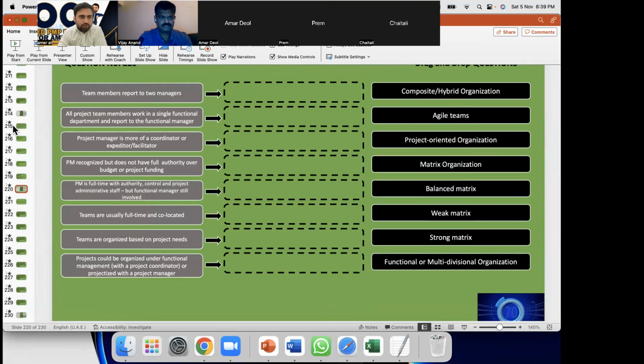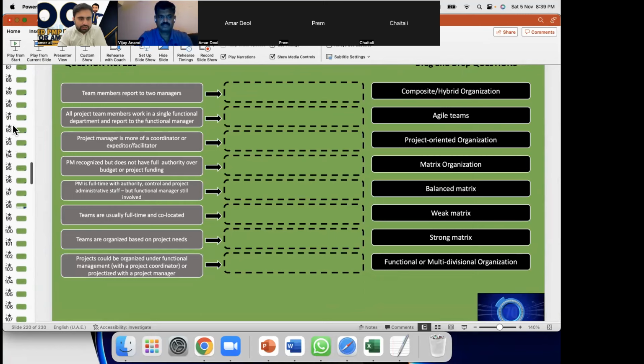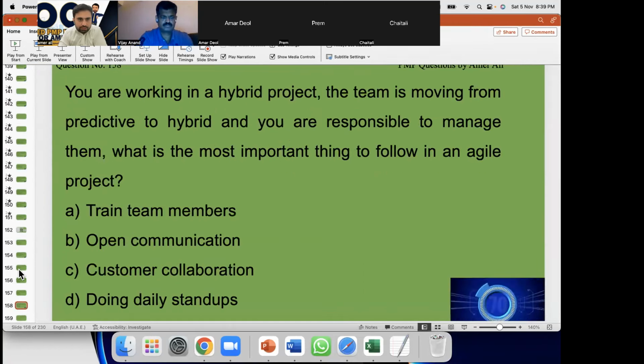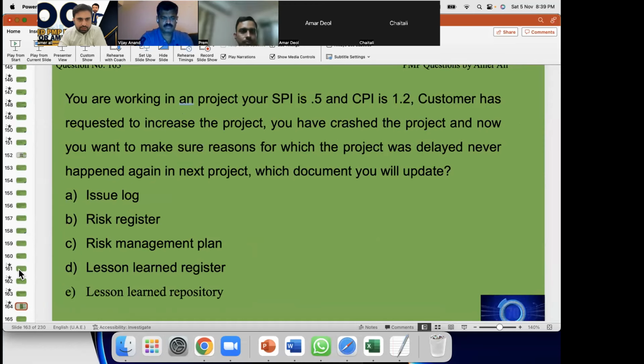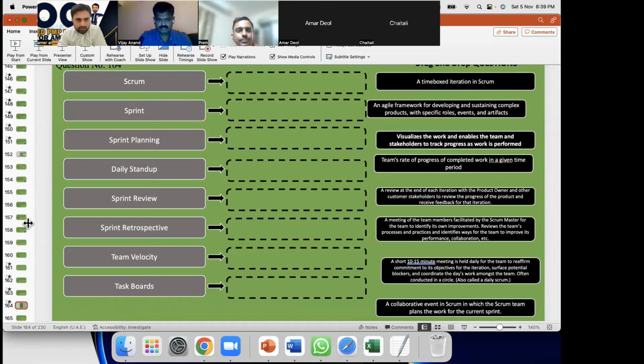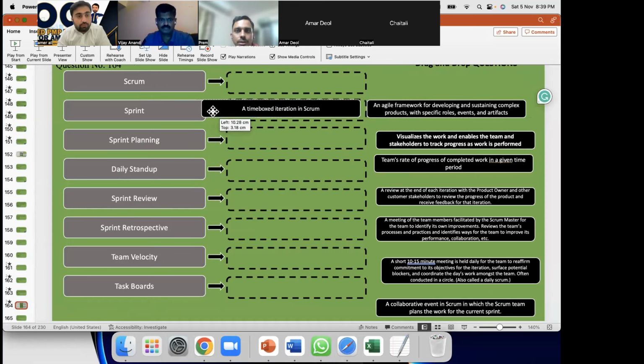Time boxed iteration in Scrum, that is sprint. The purpose why I made it small is so that I can actually drag it how you have to drag in the exam.